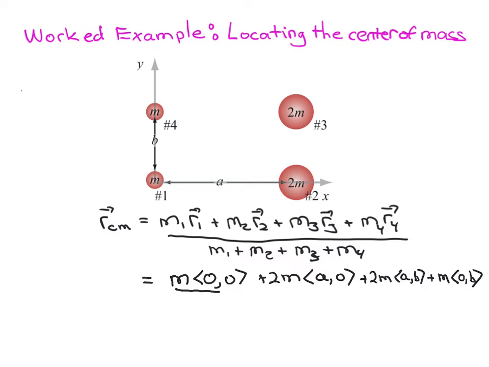Now I've got to divide by the sum of all the masses, and it's easy to see that the masses add up to 6m. The m in the denominator cancels the factor of m in each term in the numerator. What are we left with?